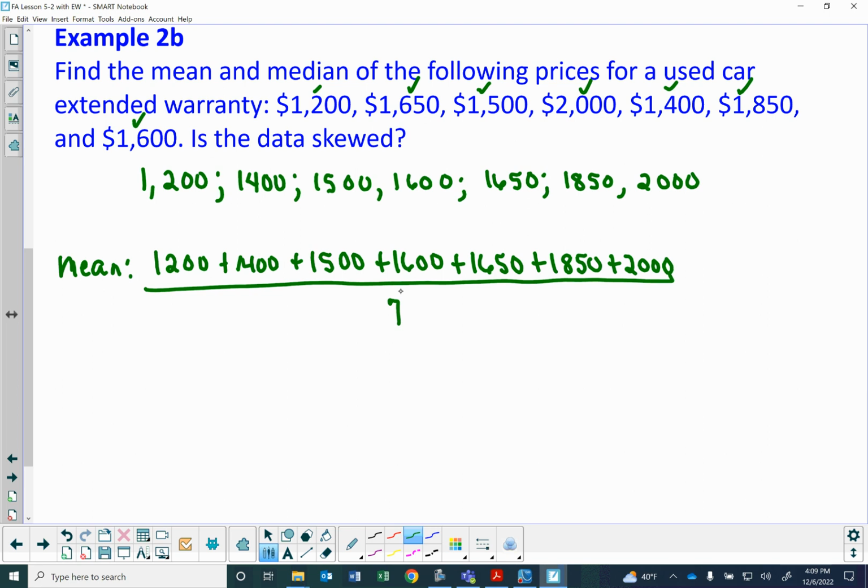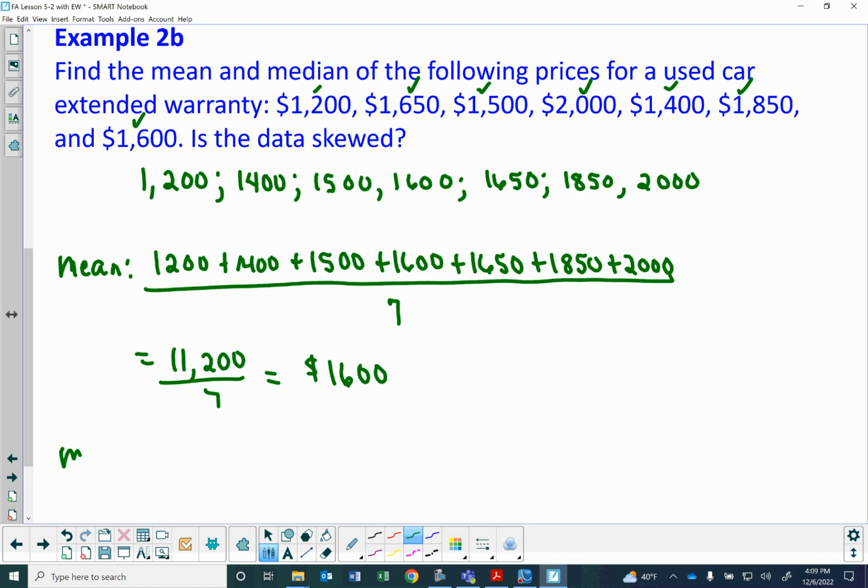If I add all of those up, I get 11,200. Divide that by 7, and that gives me 1,600 as the mean.